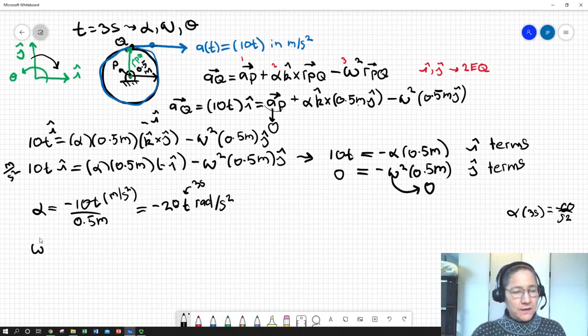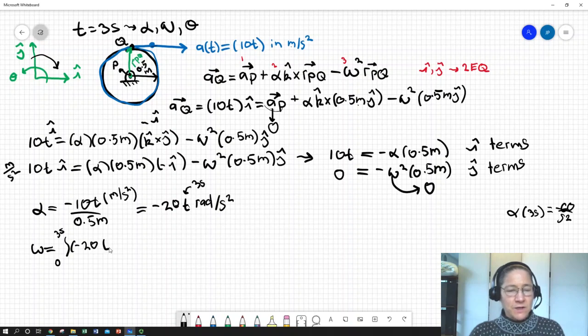Now we can integrate and get omega. I'll just write it out. We're going to start at time 0, and we're going to go to 3 seconds because we know that's the time of interest, and we're going to integrate our alpha, which is negative 20t per second squared, with respect to time.